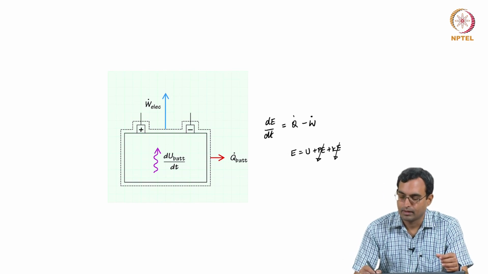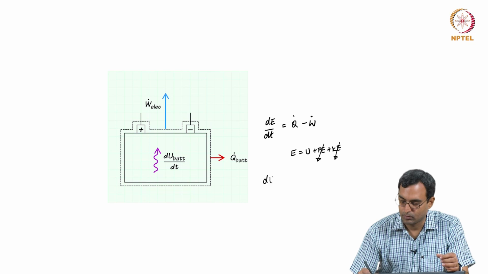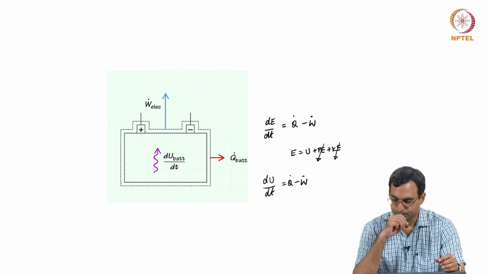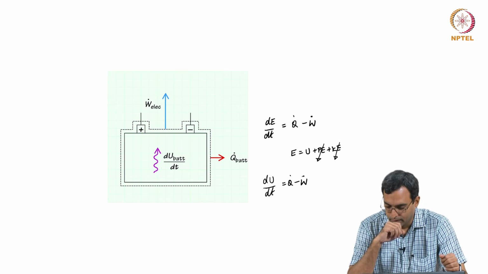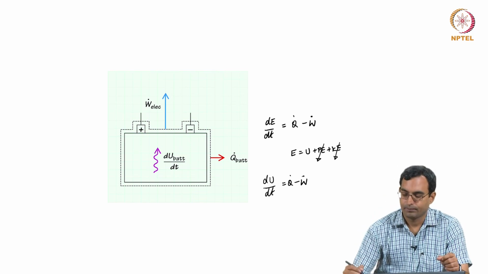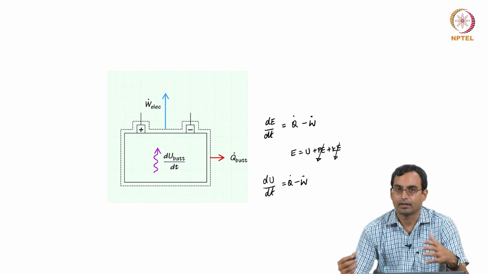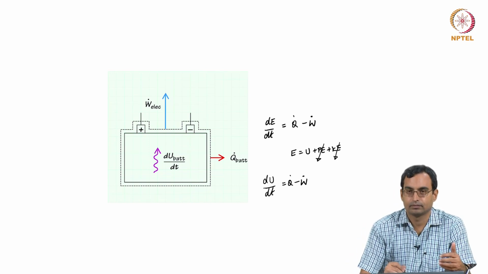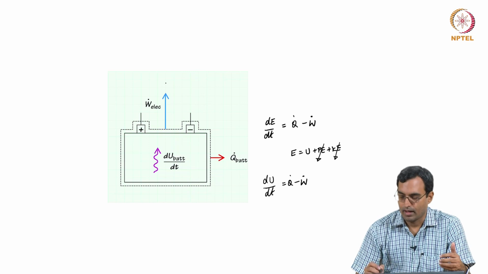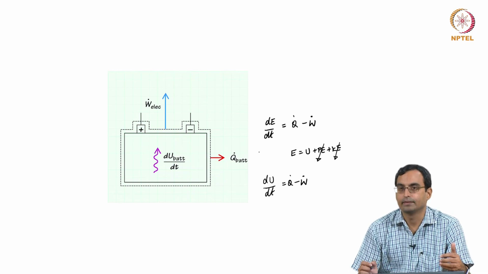So, I can also write this as dU by dt is Q dot minus W dot, which is the first law for this battery system. So, what I see is as I use this battery for longer and longer time, it is doing work, and it is also giving out heat.